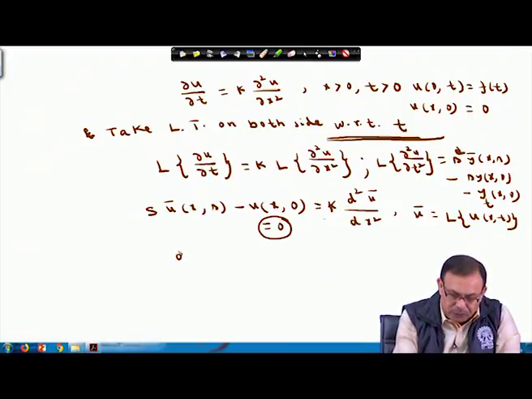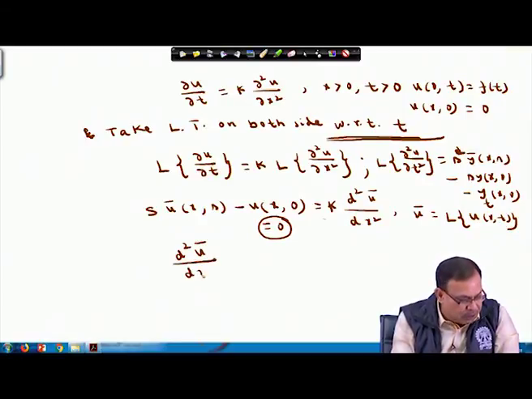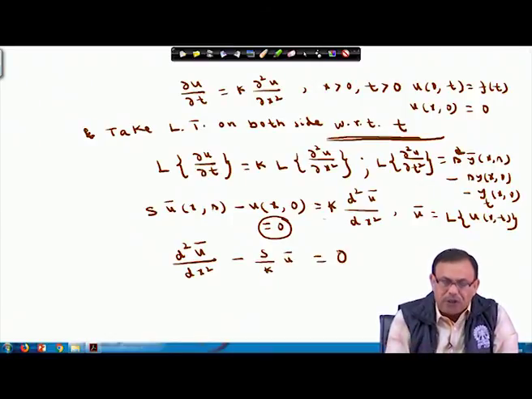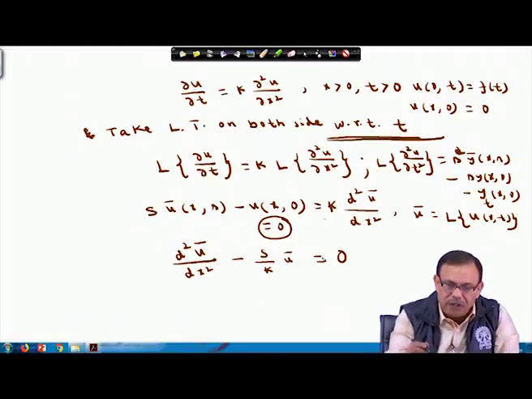You can write d²ū/dx² minus (s/k) ū equals 0. This is an ordinary differential equation with auxiliary equation m² minus s/k equals 0, so m will be plus or minus the square root of s/k.